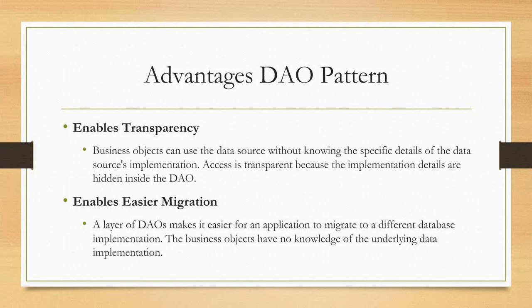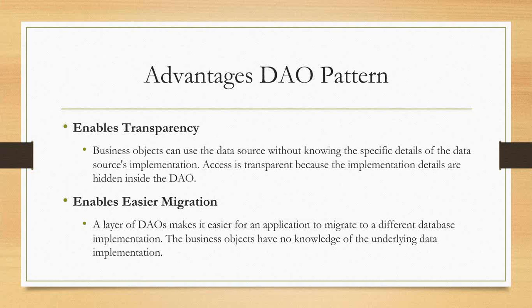So business objects or any other data clients, I can say, can use the data source. Data source means your database, without knowing the specific details of the data source implementation. The DAO provides abstraction over the data source.